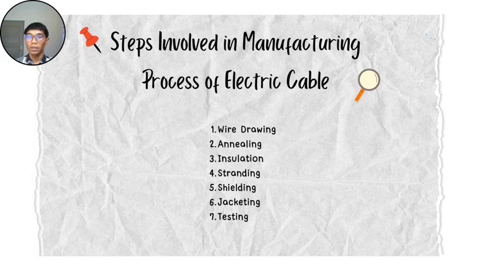The final step involves adding the outer jacket, which provides additional protection against environmental factors such as moisture, heat, and physical damage. This layer is usually made of PVC or other durable polymers.